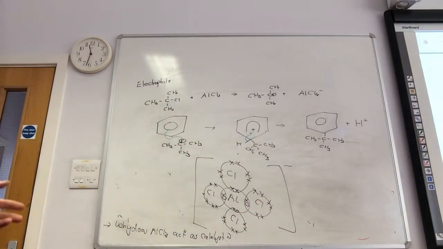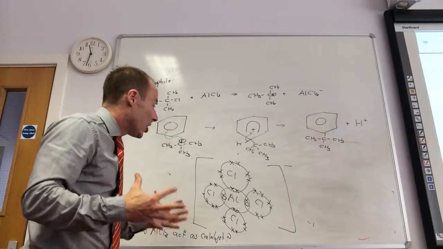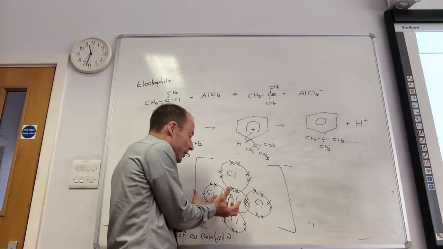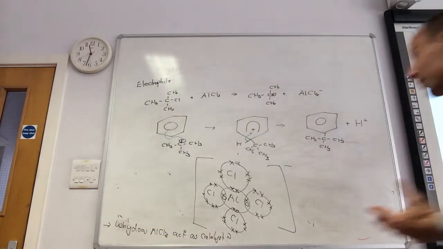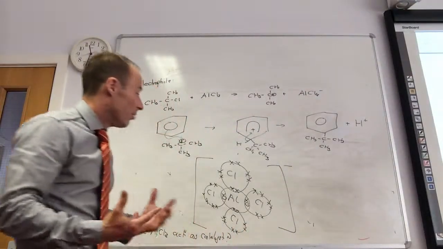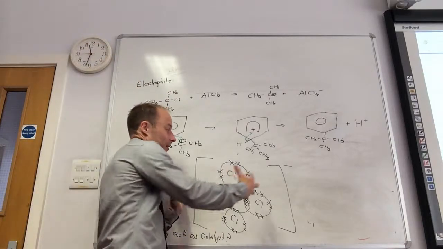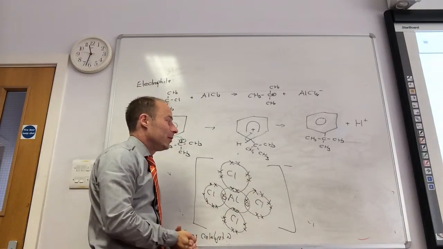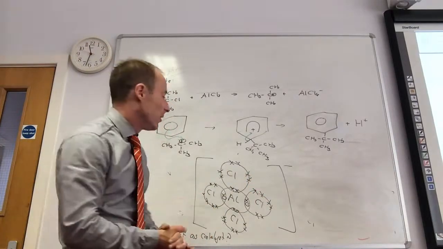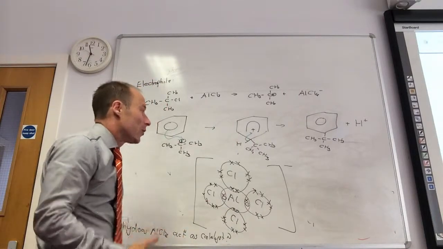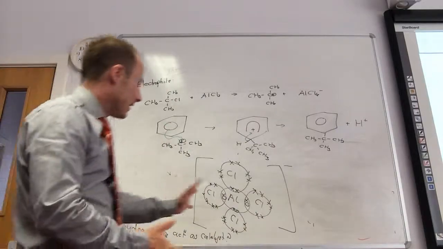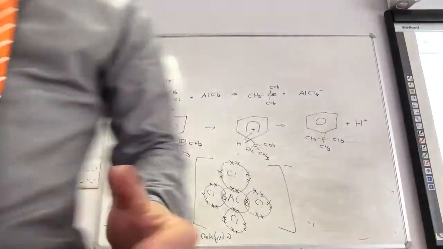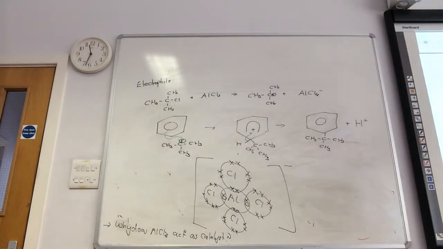So it's the fact that aluminium is highly charged, and because he's so highly charged, it's actually a covalent molecule rather than ionic. And he can form this AlCl4- species, which of course is regenerated in that last step. So that's a little bit about how aluminium trichloride works, and iron works in exactly the same way.